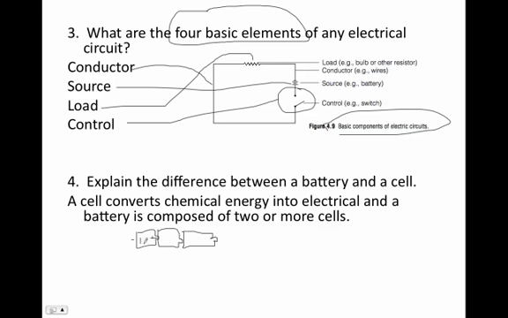So if this was 1.5 volts and this was 1.5 and this was 1.5, the total voltage here, of course, you add them all together, so that would be 4.5 volts.